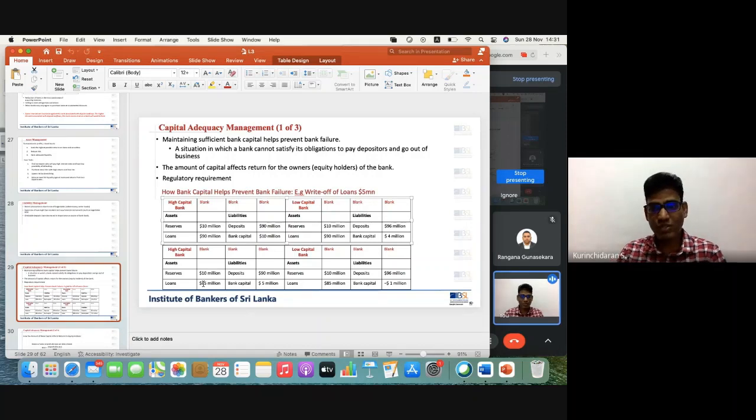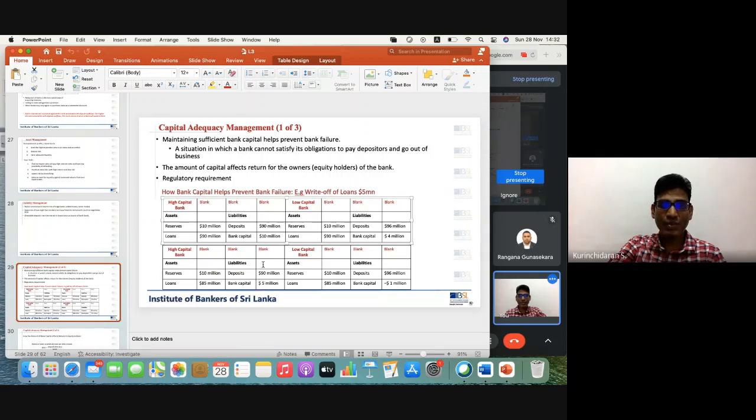So this is a loss. If you have a loss, that means it will go to the P&L. You debit it as a loss, right? So what will happen? The final impact will be on capital. You are going to write off from the capital.